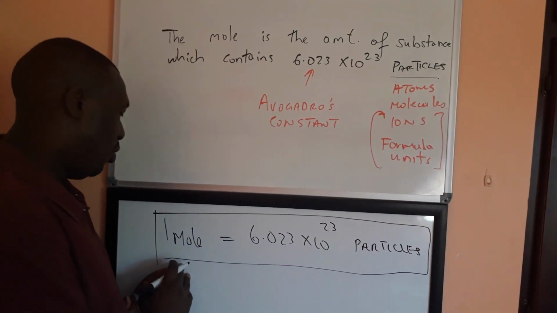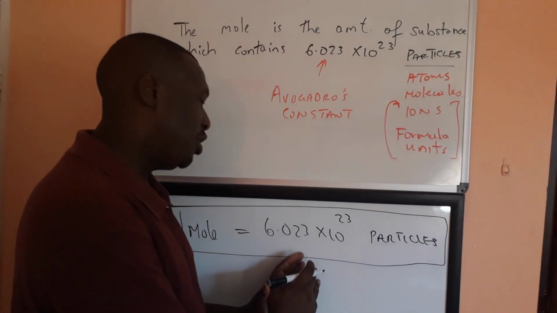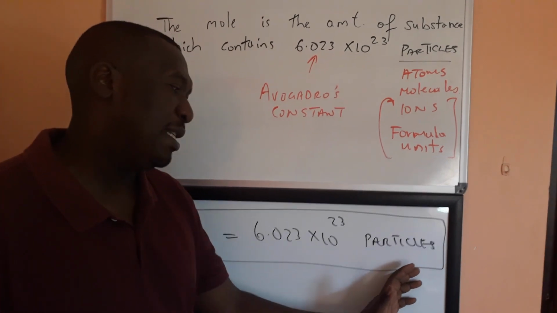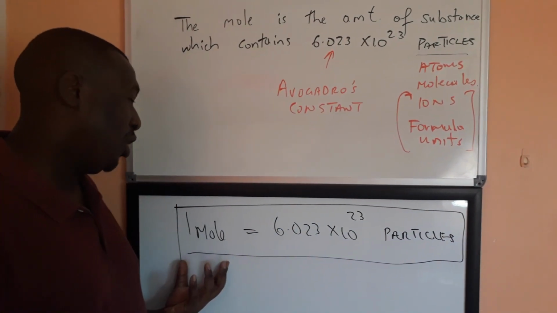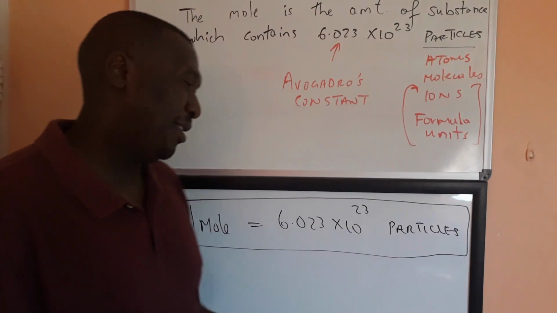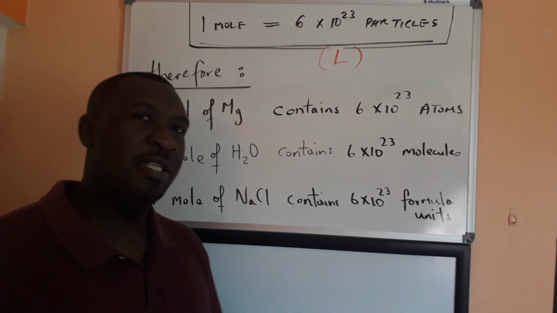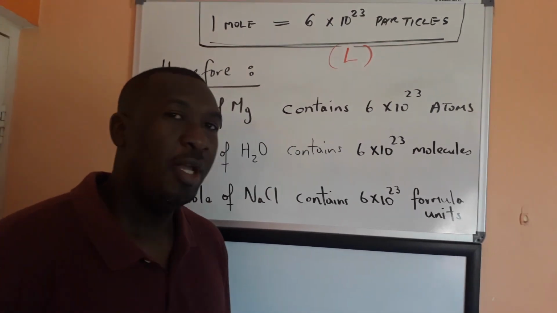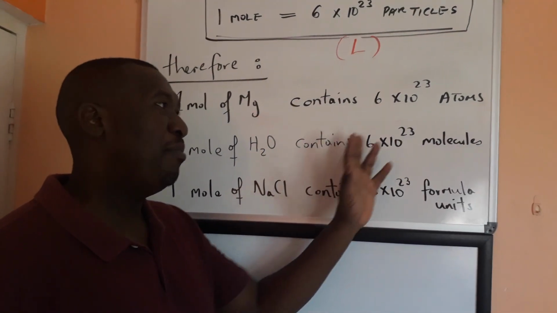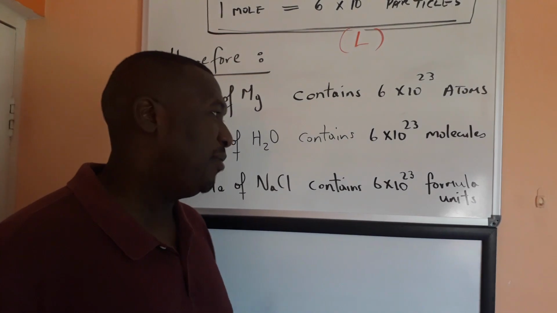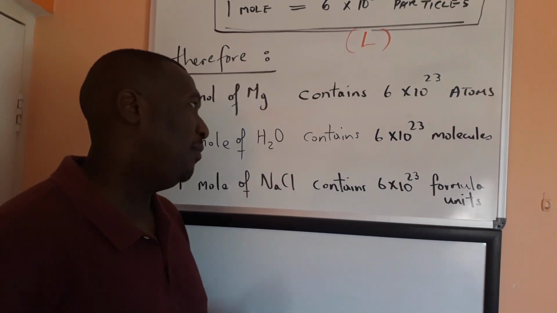The definition of the mole is establishing the relationship with numbers of particles, because that's what the mole does. It counts particles. Now, because different substances exist as different types of particles, we have to look at how the mole applies to different types of substances individually.